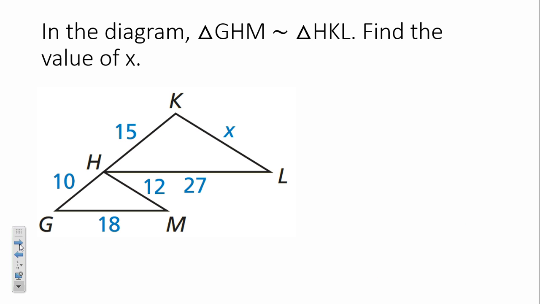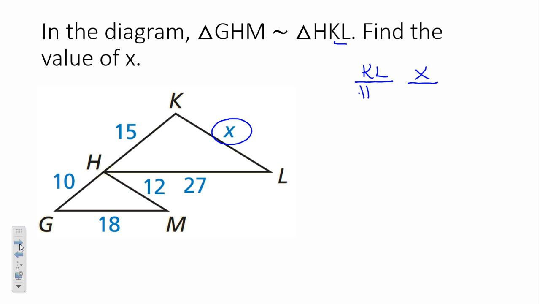Now we're asked to find the value of x. To find the value of x, we are looking for KL. Okay, so it went up by like half, so I said KL is 18 right now. Okay, well, KL corresponds to which one in our other triangle?